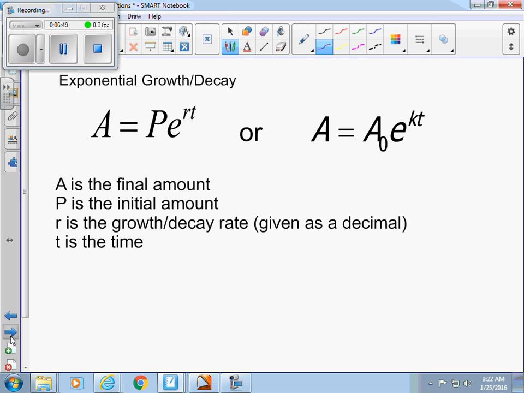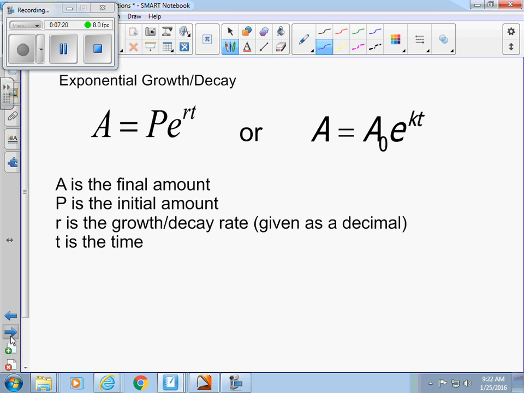A is the final amount, P is the initial amount, R is the growth or decay rate given as a decimal. Really quick, let's talk about that. A lot of students get confused about that and they'll ask, do I need to put this as a decimal or a percent? Really, that's a bad question because what is a percent always? It's always a decimal because what's the word percent mean?